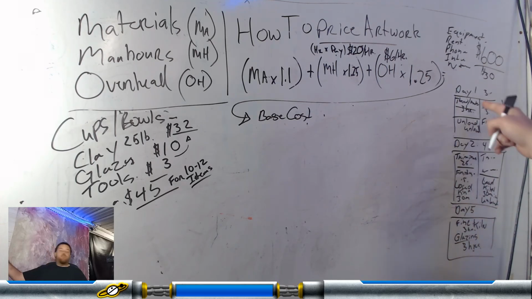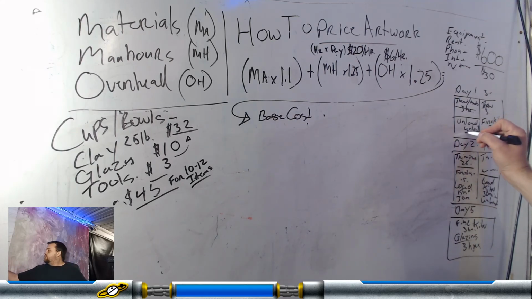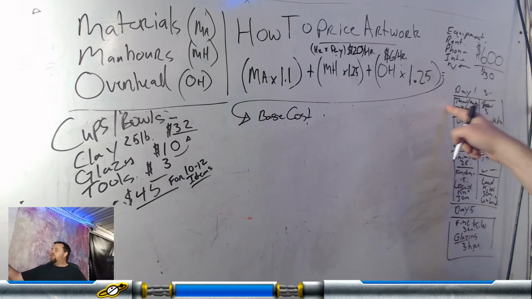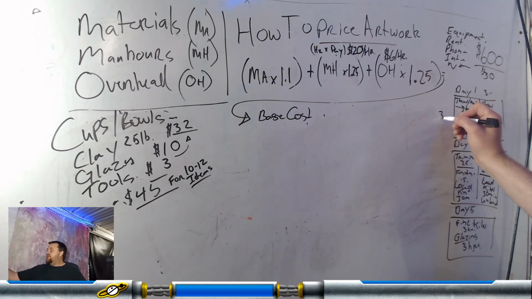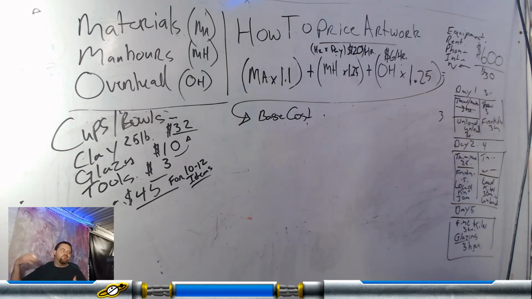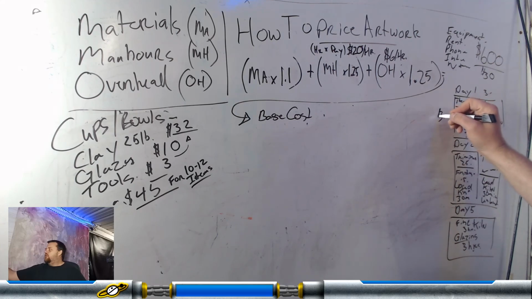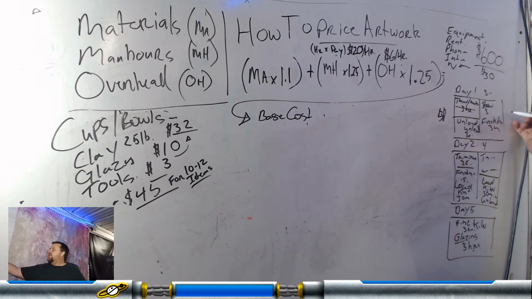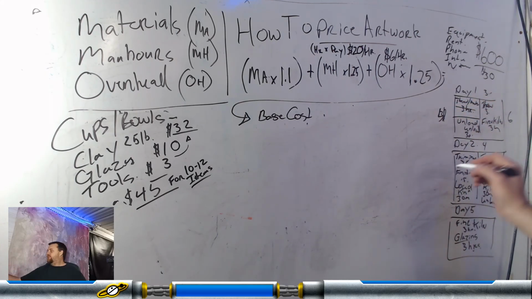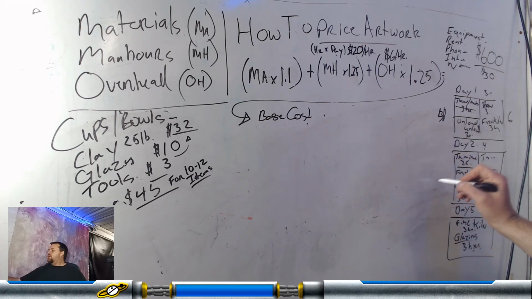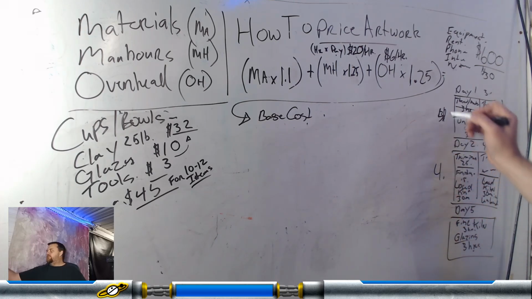So in all, we have 3 hours and 30 minutes here. Let's just say 4. This day, we're going to have 6. This day, we're at another 4 hours.